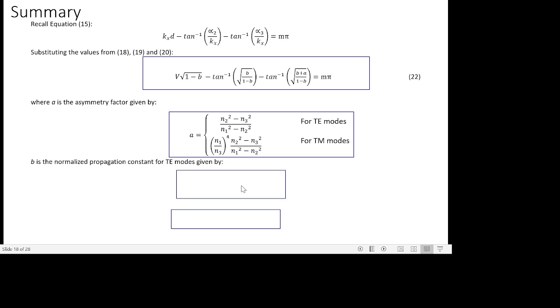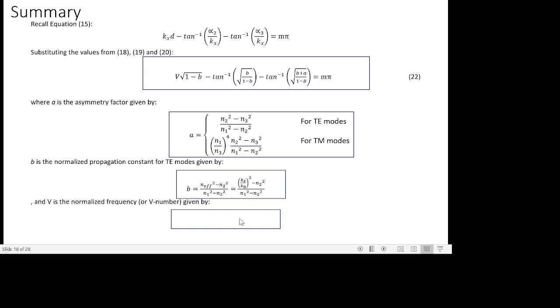And the normalized propagation constant for TE modes and TM modes as well, I missed this term, will be given by this equation.